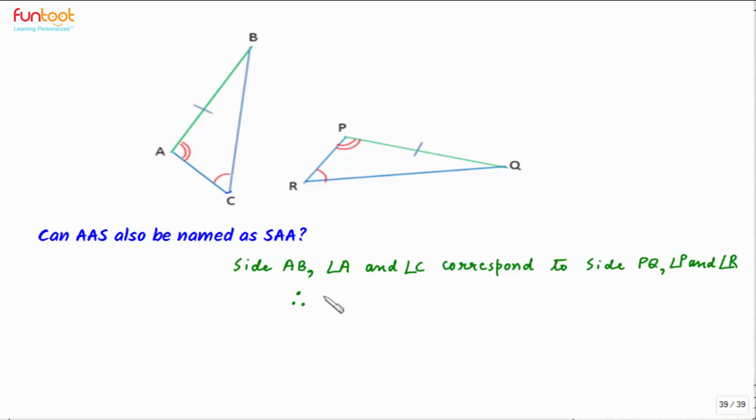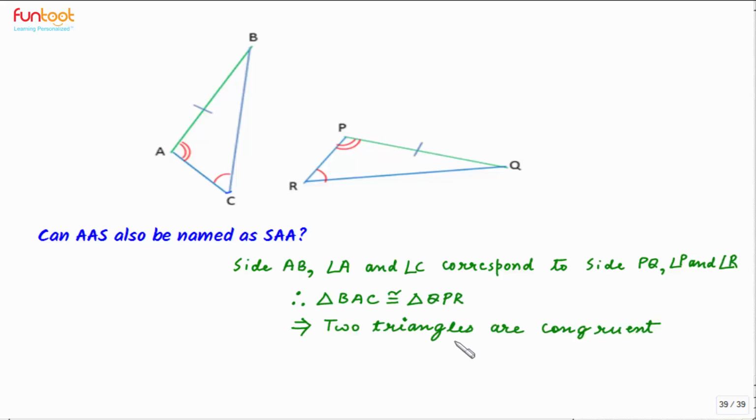Therefore, we can say that triangle BAC is congruent to triangle QPR. This implies two triangles are congruent. Therefore, SAA and AAS refer to the same rule.